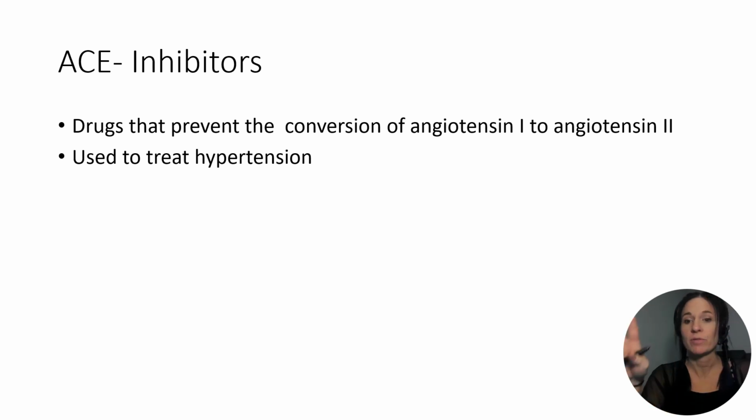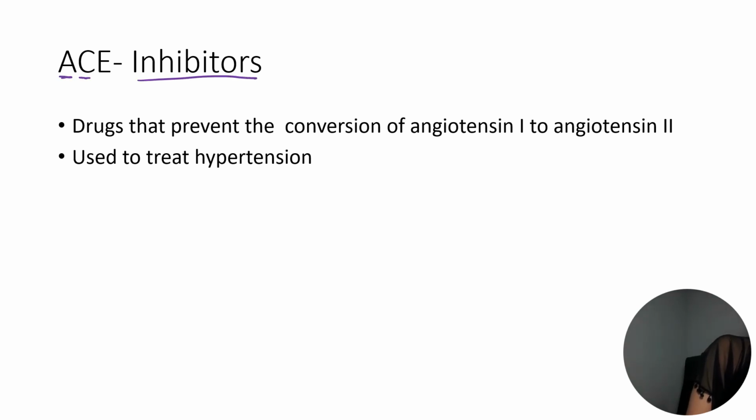After going through the renin-angiotensin-aldosterone system, now we can make sense out of what an ACE inhibitor is. An ACE inhibitor is going to inhibit angiotensin converting enzyme. Remember that angiotensin converting enzyme converts angiotensin 1 into angiotensin 2.